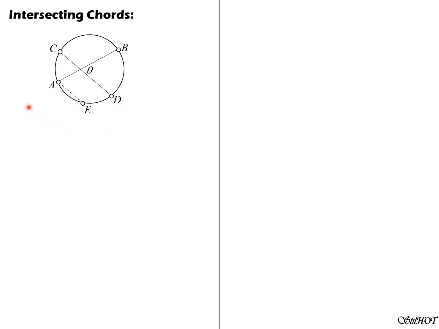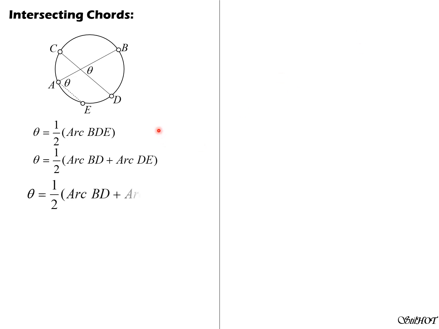And remember, for the different cases earlier, theta was outside. So by principle, theta is 1/2, because this is also theta, theta is 1/2 the subtended arc, which is BDE. So 1/2 of arc BDE. And arc BDE is simply the sum of arc BD and DE. Therefore, theta is 1/2 quantity arc BD plus arc AC.